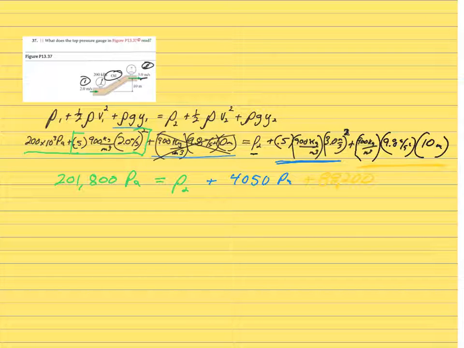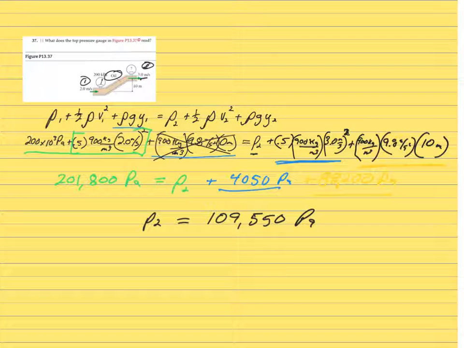Sorry, it's probably hard to read. And then to get P2 all by itself, I'm going to have to subtract this from both sides and that from both sides. And I end up getting a P2 of 109,550. Woo woo.